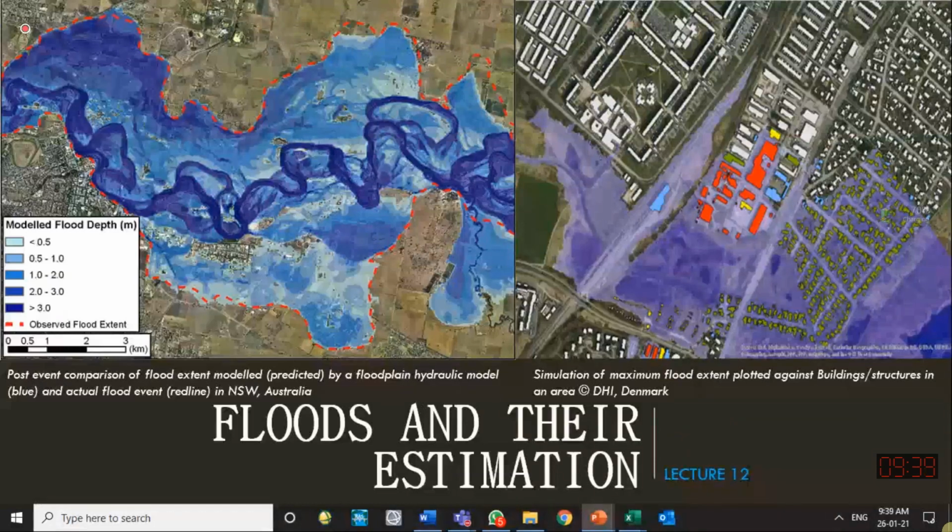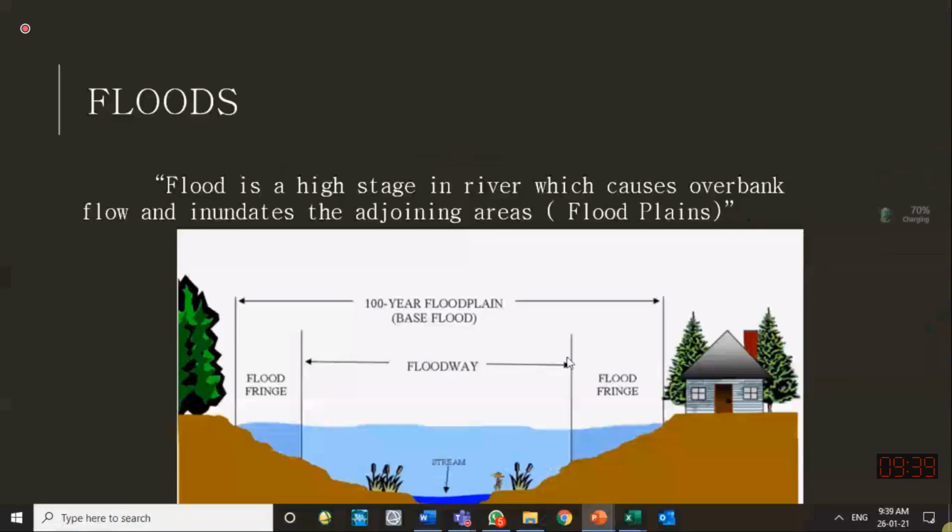Tell me, if I am investing in this place for making a factory, a bridge, a dam, or an urban society, tell me the level of flooding possible over here. So flood studies have to be carried out, and this will inform you of the importance of this study, why we need it, what reasons can cause flooding, and how to estimate the floods.